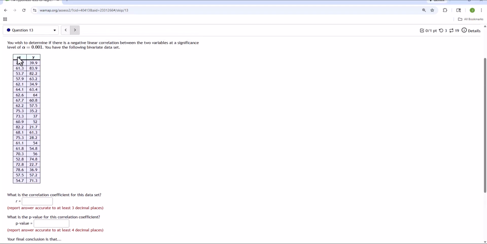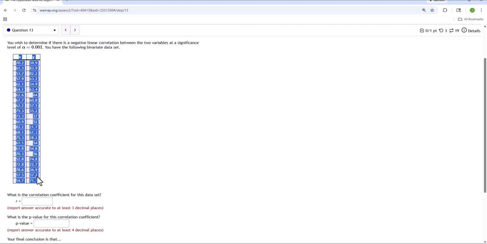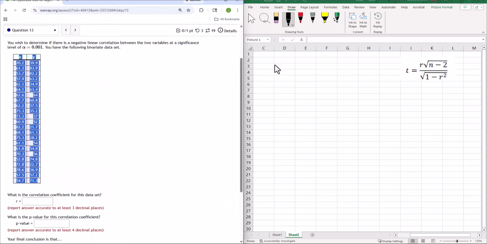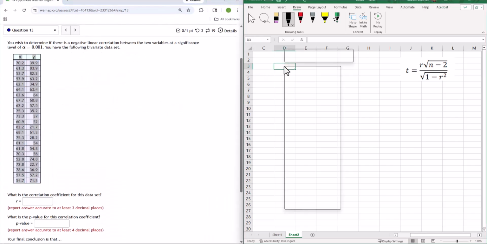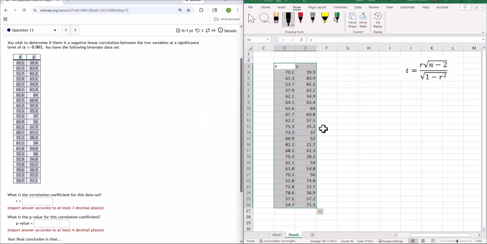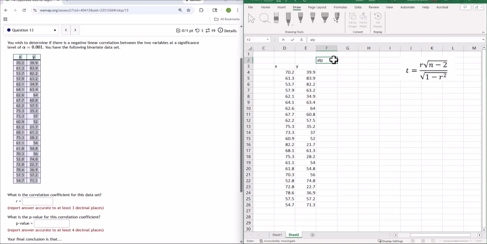So, I'm going to grab this data set and go to Excel to start doing work, which I think we have here. So, again, you should be pasting special. If you don't, you might run into some trouble. Anyway, so at the top here we have alpha equals 0.001.